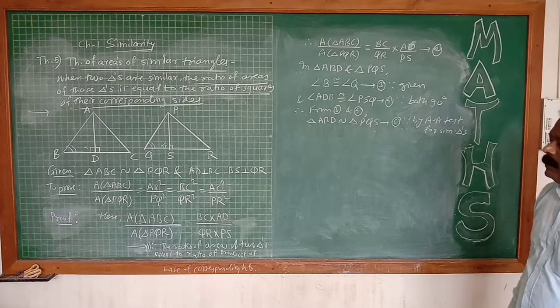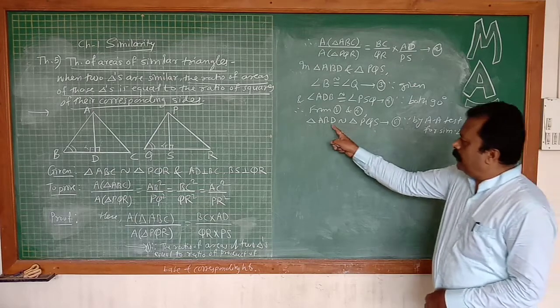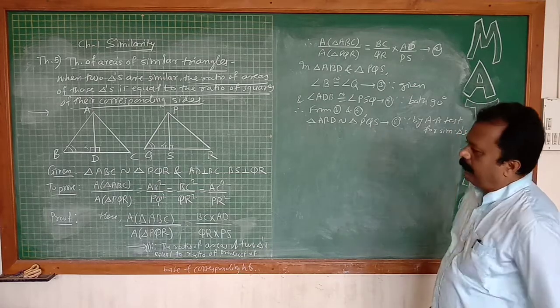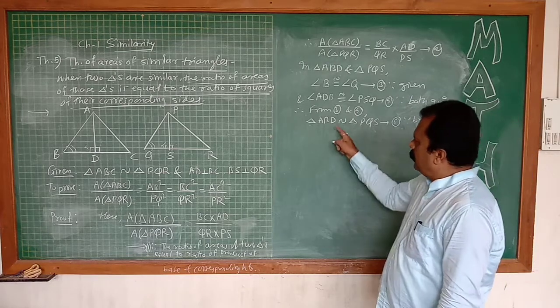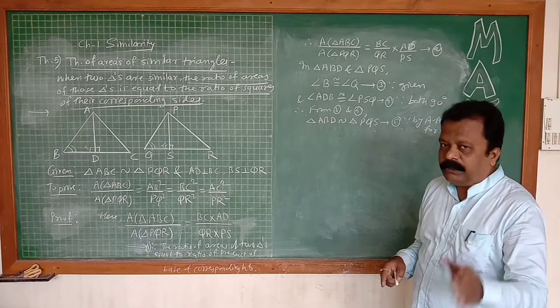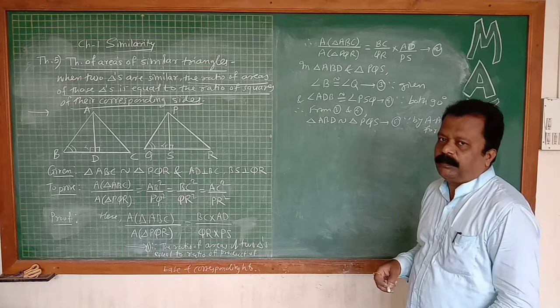By the AA test for similar triangles, we have shown triangle ABD is similar to triangle PQS. Now, if two triangles are similar, the ratios of corresponding sides are in the same proportion.